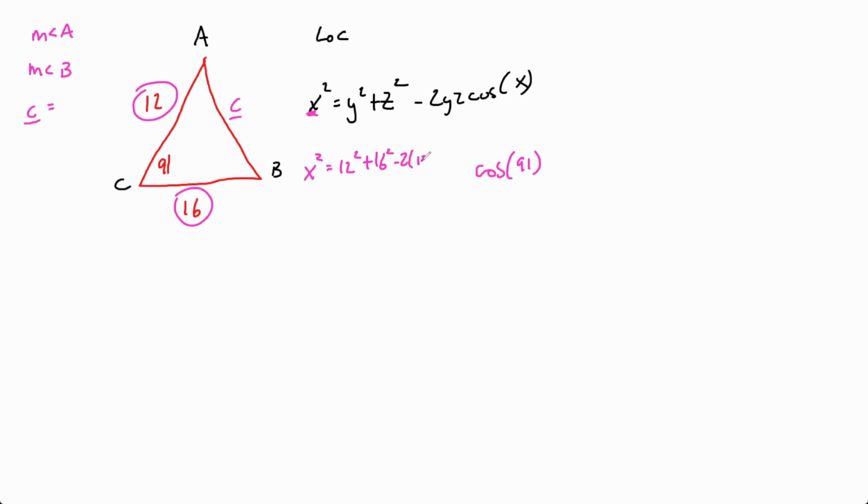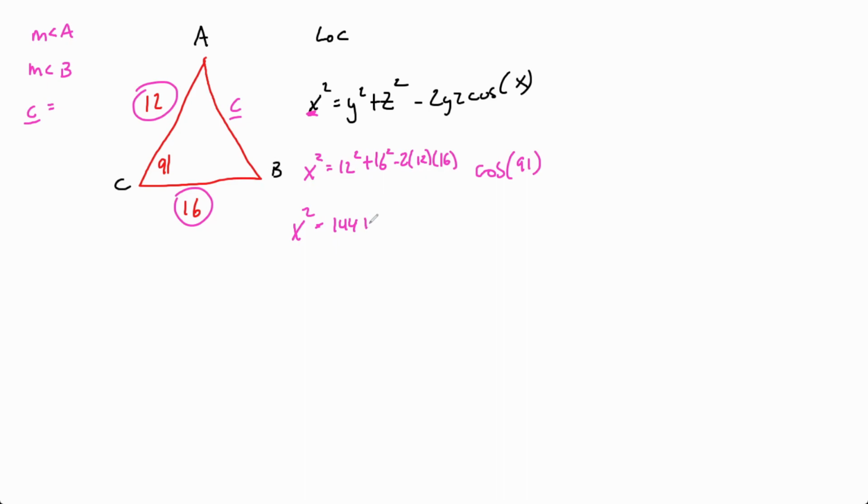And solve for it. Just keep in mind this is just multiplied there. So my unknown squared is equal to 144 plus 256.